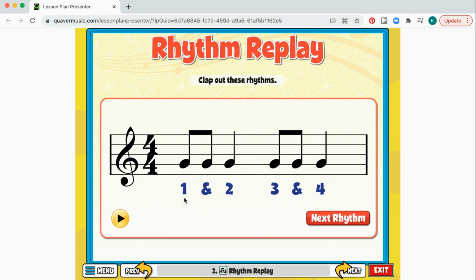So you can see it says 1 and 2, 3 and 4. 2 and 4 are longer. Let's try listening. One, 2, ready, clap. 1 and 2, 3 and 4. Let's try again. Listening first. 1, 2, 3, clap.